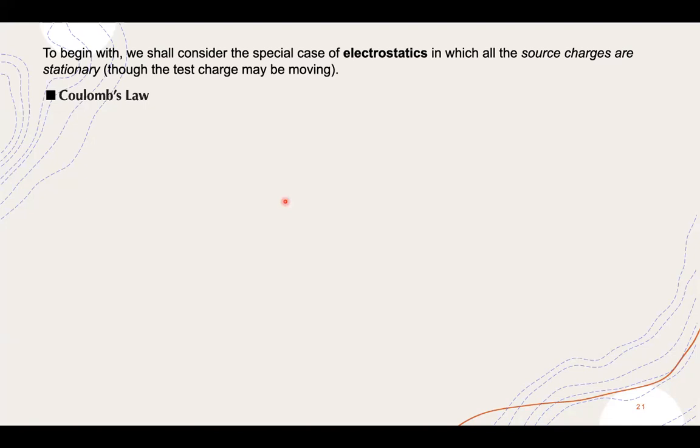Okay, so the very first thing, Coulomb's law. We know that if there is a source charge q, we want to put some test charge capital Q at a distance r, and r was defined, if you remember, in terms of the position coordinates. If you define the position of q to be some r and the position of capital Q to be some r prime, then it could be just a vector sum of these two position vectors.